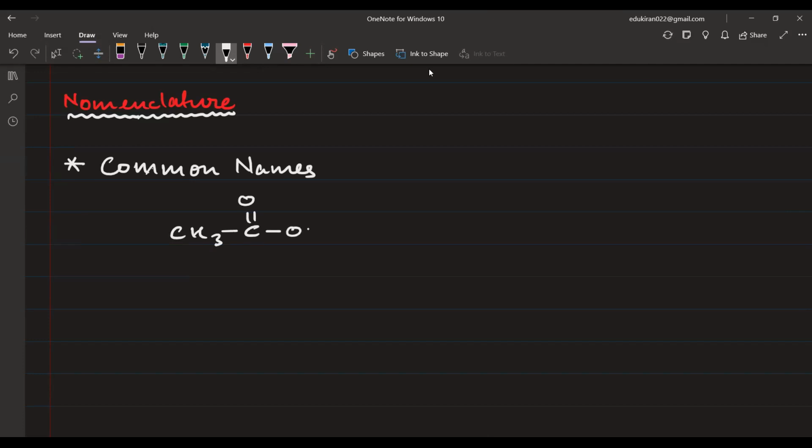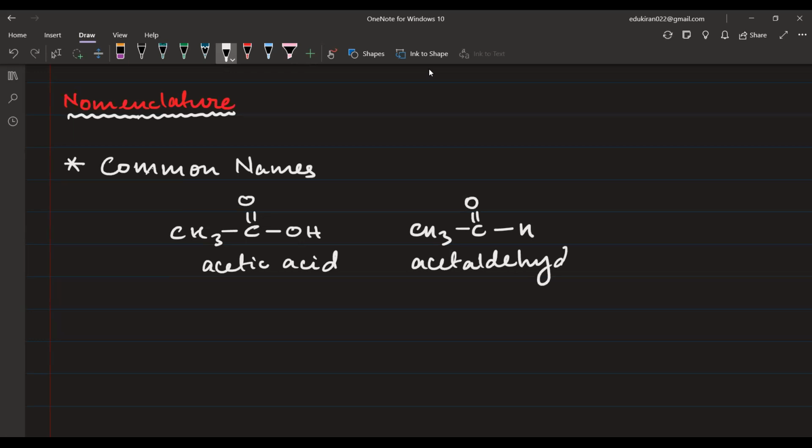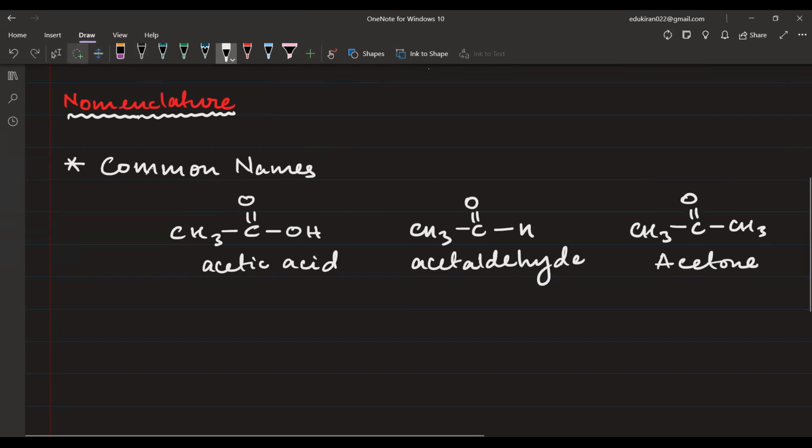If you add an OH here, this will be acetic acid. Similarly, if you have CH3, C double bond O, and you add a hydrogen here, this will become acetaldehyde. Similarly, if you add a CH3 here, this becomes acetone. In all of these, what is the common fragment here? This is the common fragment.